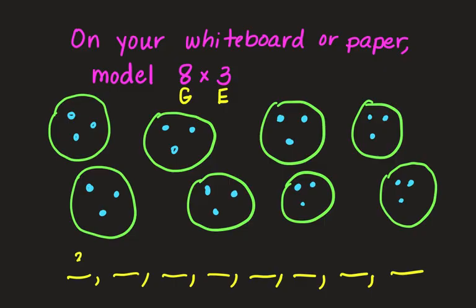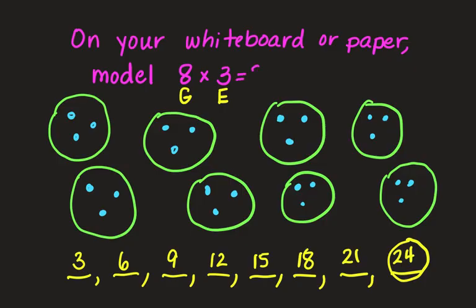And we'd say 3, 6, 9, 12, 15, 18, 21, 24. So 24 is going to be our T, our total. So we know that 8 times 3 equals 24. That's our total.